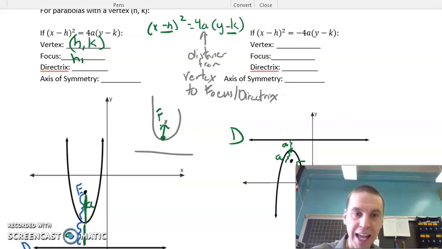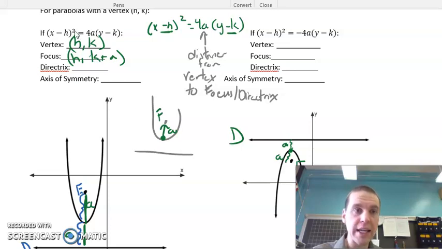And so we have to add, well, how much was it shifted up? It was shifted up a. So it's k plus a. So we have (h, k plus a), the same x value. We shifted up a units, and so it's the vertex y value plus that value. The directrix is a line.